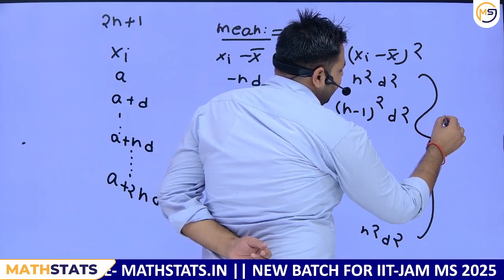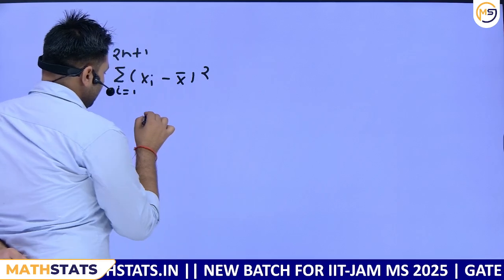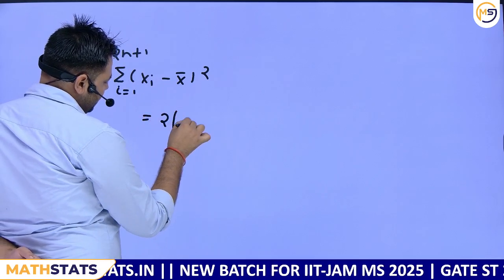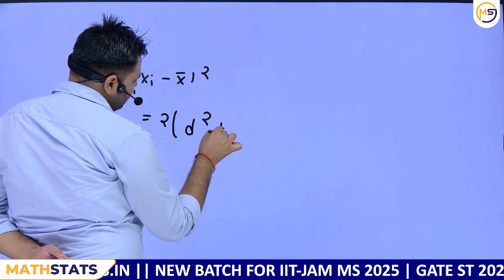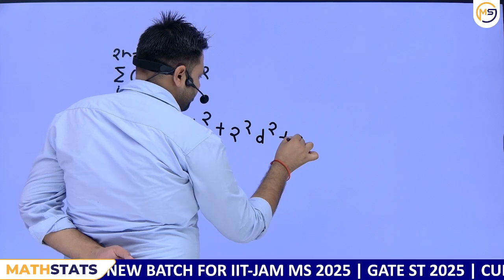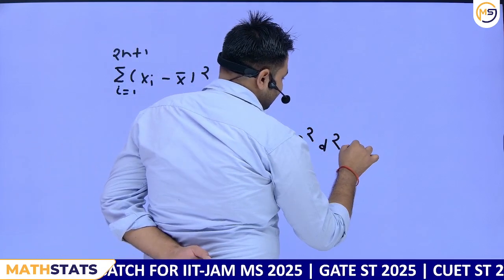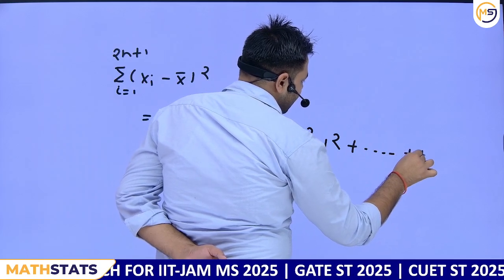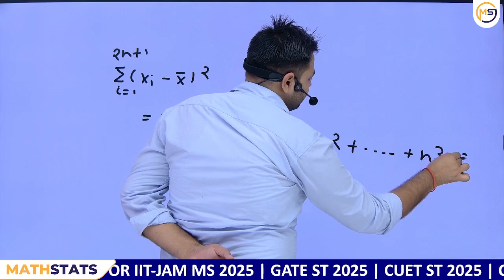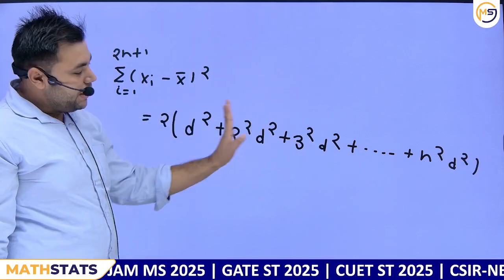We will get 2 times d square plus 2 square d square plus 3 square d square plus, in similar way, n square d square, right? When we are adding the square terms, we will get this series.